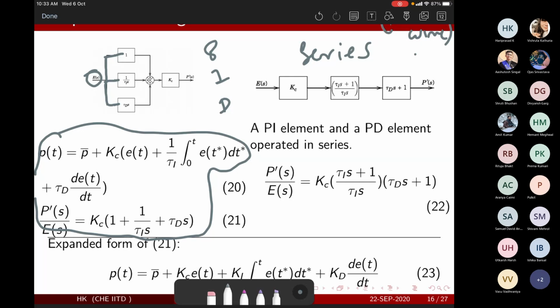So see, if you look at the PID controller equation, you have P, I, and D. So physical realization of this in terms of a parallel circuit is much easier because there are three terms, right? You only need to split the signal and feed it into the P part, I part, and D part, and each of these would do their own manipulation, and the final output would come.